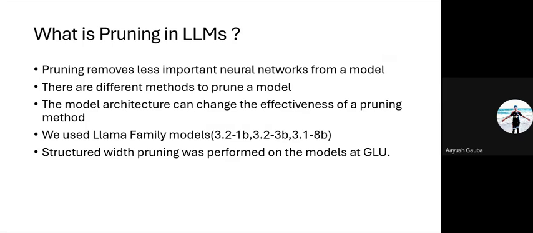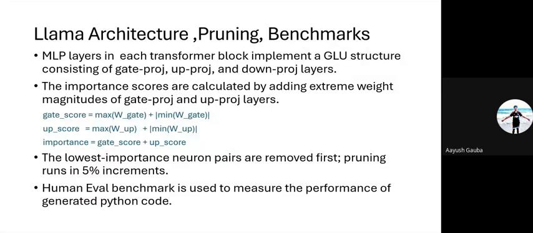So when it comes to any large language model, it has multiple layers. Over here, it has an attention block and a GLU block, gated linear unit. Here the pruning is done in the gated linear unit, and the gated linear unit has perceptrons. So here we'll be talking about the Llama architecture.